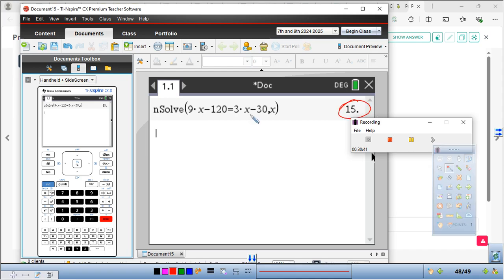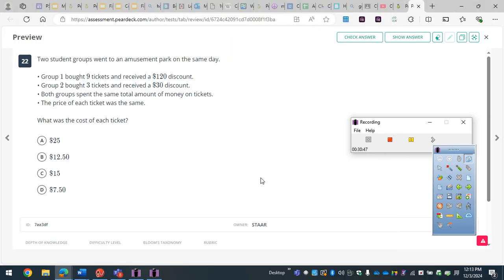Each ticket, the x value here. All right, those are $15 each. Let's come back over here and look for the answer, 15. Oh, perfect.